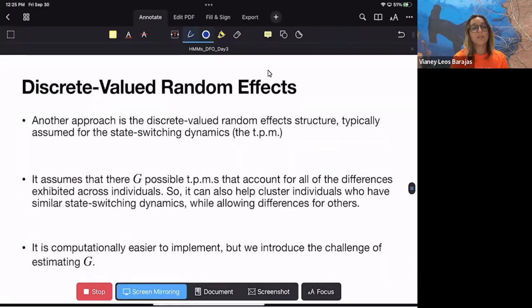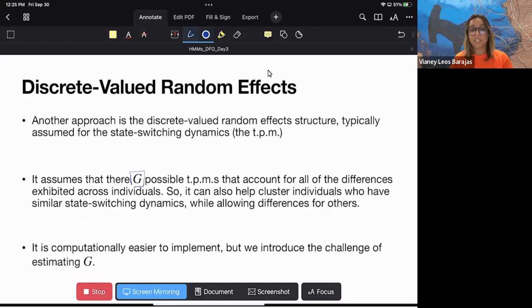However, there's also these so-called discrete valued random effects, which are typically assumed for the state switching dynamics, i.e. the transition probability matrix. It assumes that there are now G possible transition matrices that account for all of the differences exhibited across individuals. So what it can do is it can help cluster individuals who have similar state switching dynamics, but allows for differences for others.